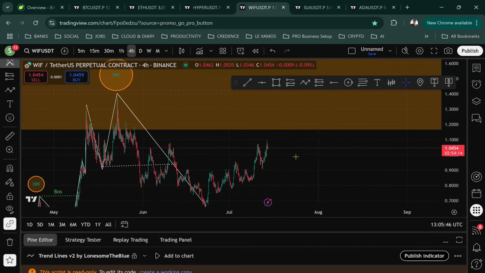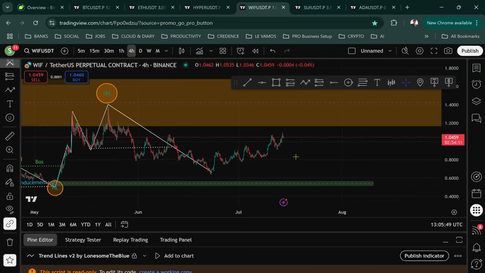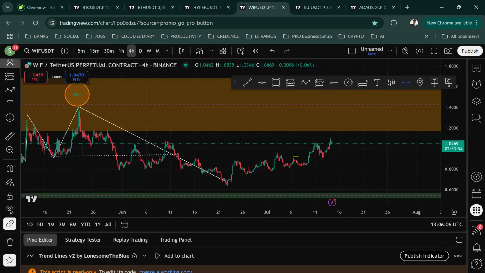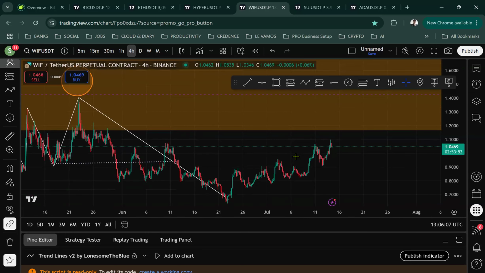Okay. So now we are in this stage. Tell me, what do we have to do next to move to the 15 minutes? In this stage, we have to wait for price to touch the value zone we just identified.